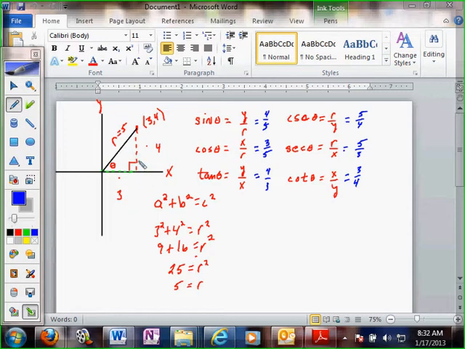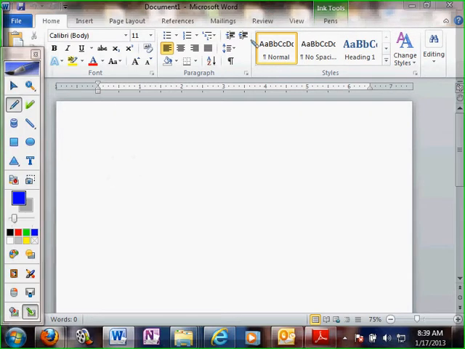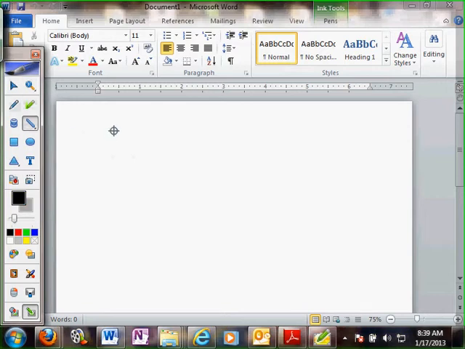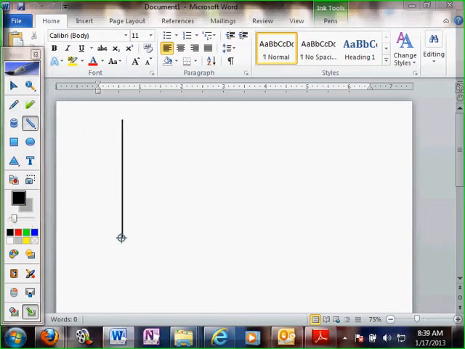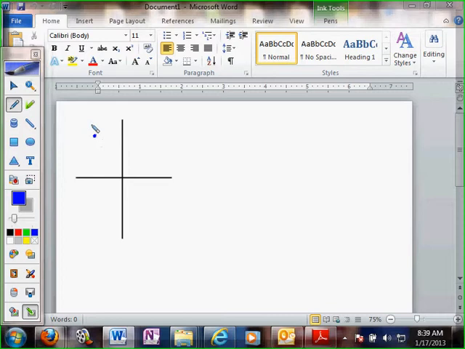Let's say that I have a point on the coordinate plane that doesn't lie in quadrant 1. Let's say my point is over here in quadrant 2, and the point is (-3, 4).